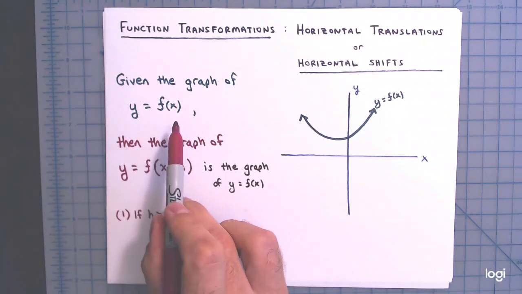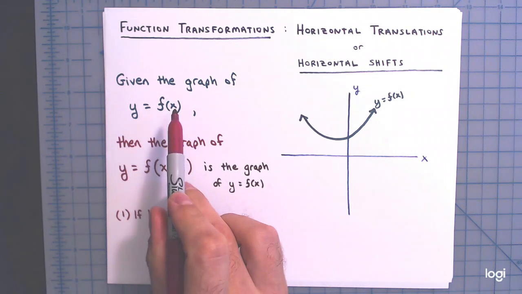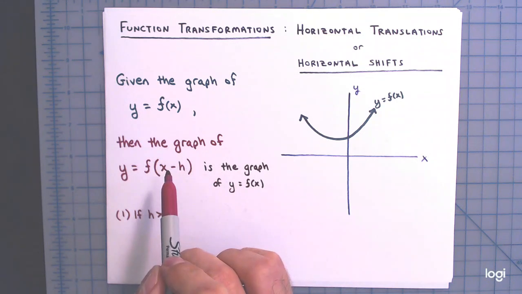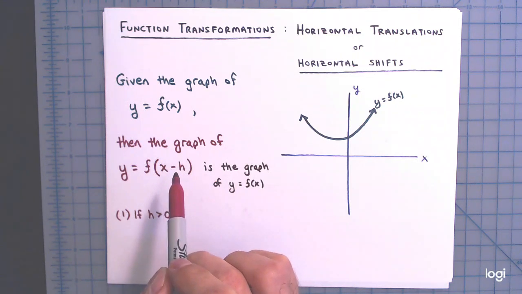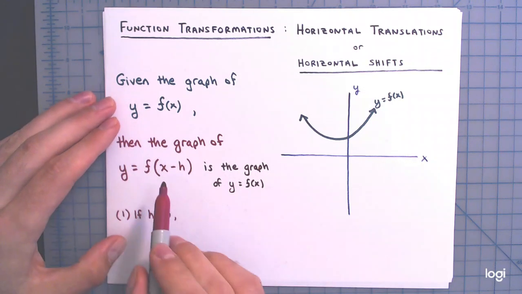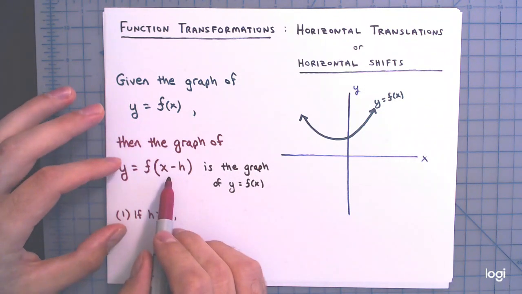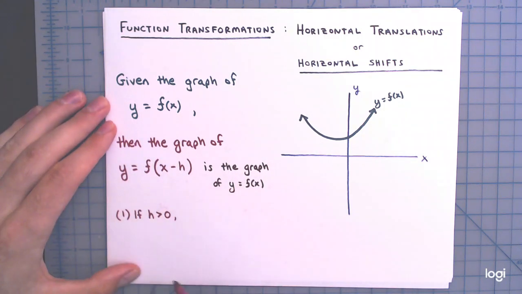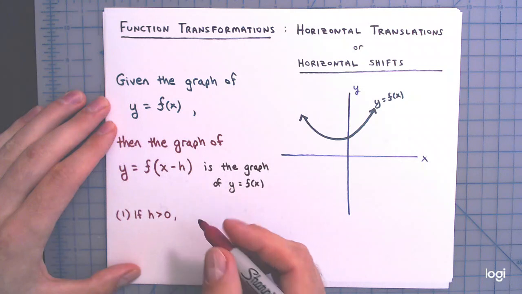So for instance, I replace all the x's in my original expression with, say, x minus 2 or x minus 10, x minus some positive number. What you're going to notice is the graph of this new equation will be the graph of the original, just shifted to the right h units.